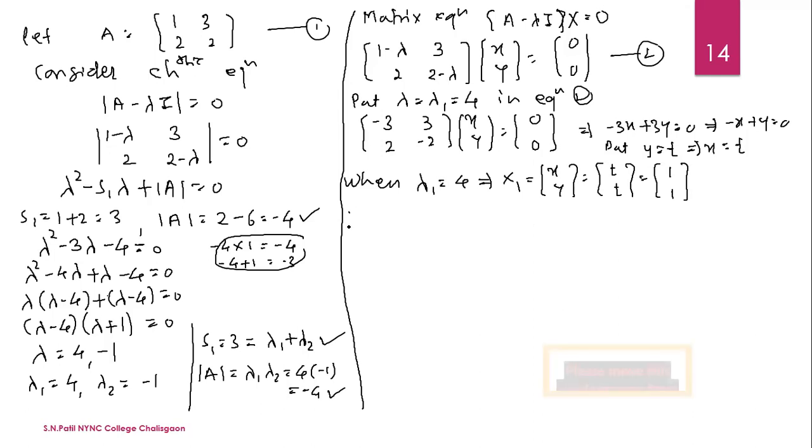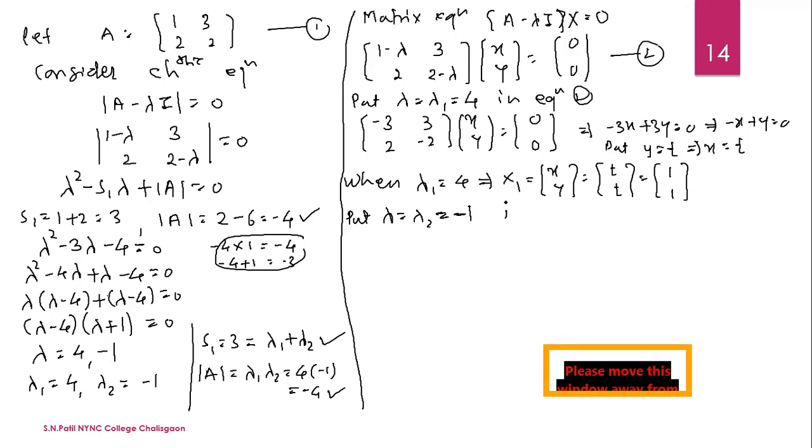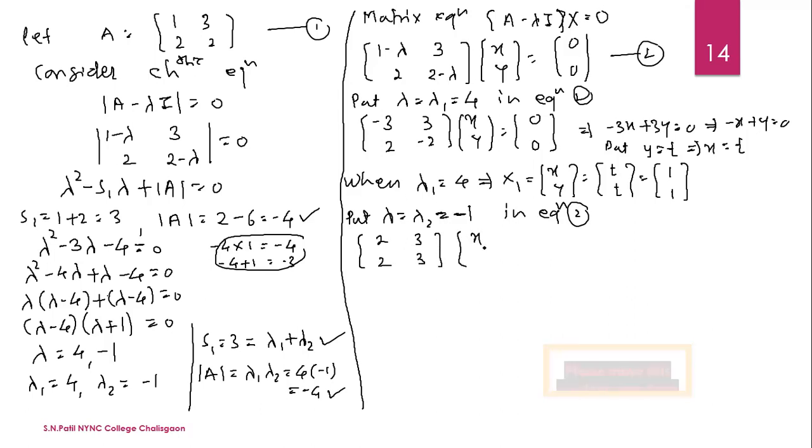Now next, put lambda 2 is equal to minus 1 in the matrix equation. Then we get, put here minus 1, minus minus plus, that is 2 comma 3. Here 2 minus minus plus, 2 comma 3, x, y is equal to 0, 0.